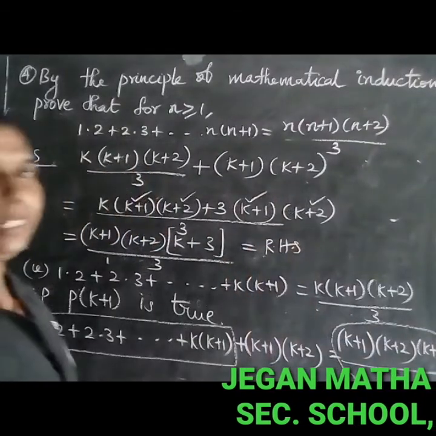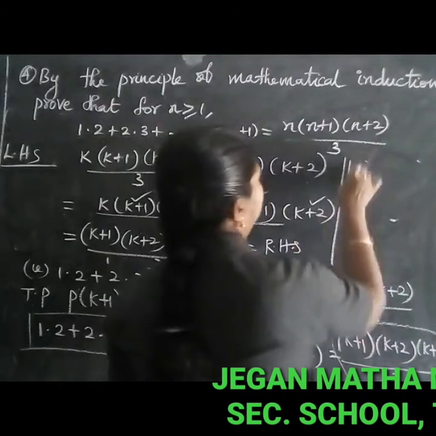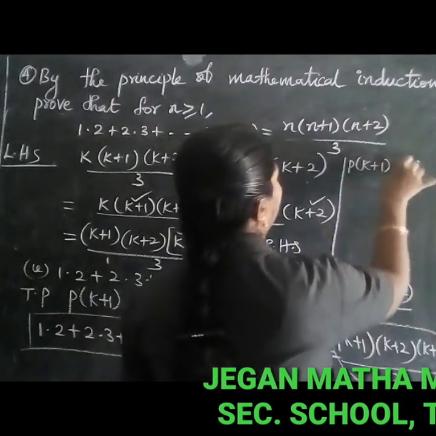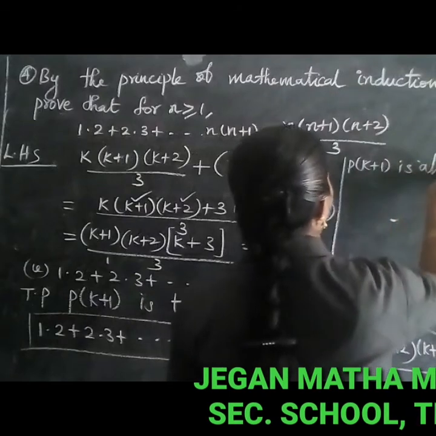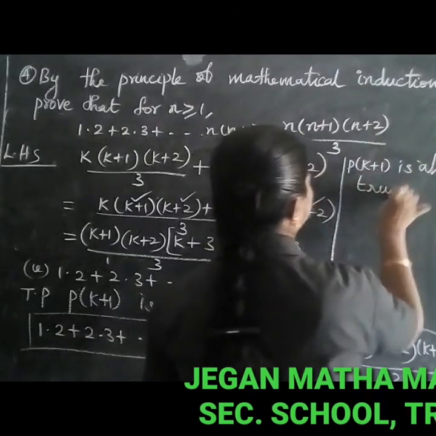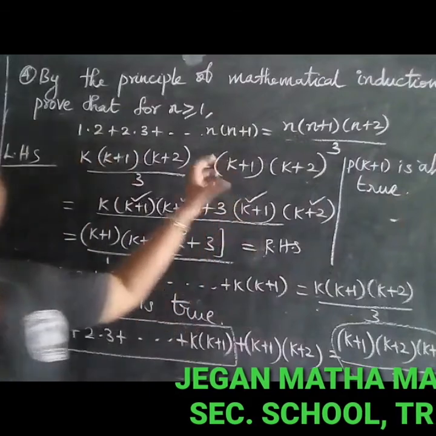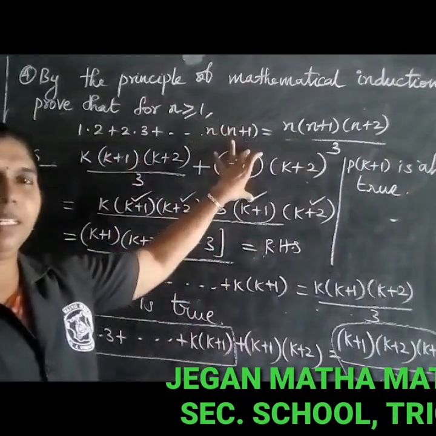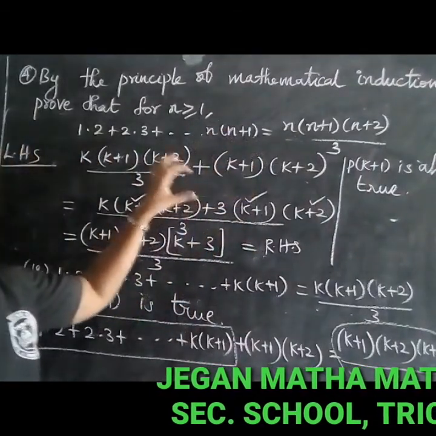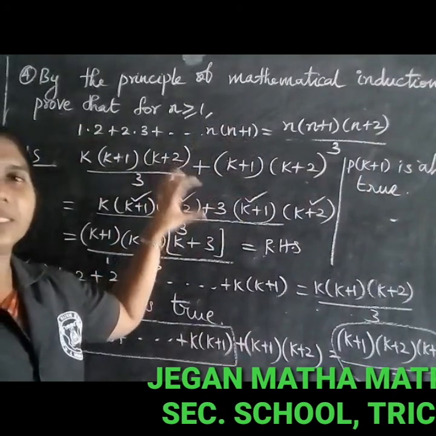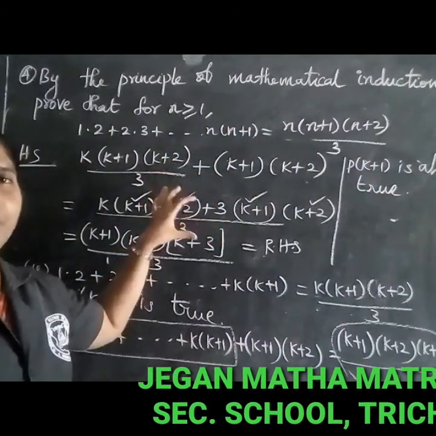Therefore, we can write P of k plus 1 is also true. So first we have taken the given statement as P of n and we have proved P of 1 is true, and always assume P of k is true.